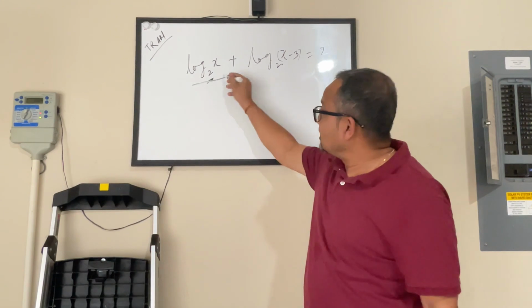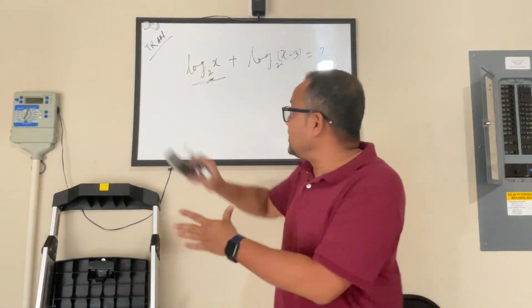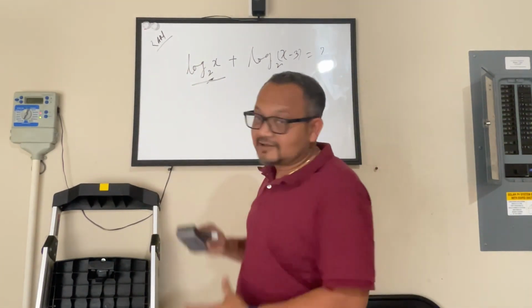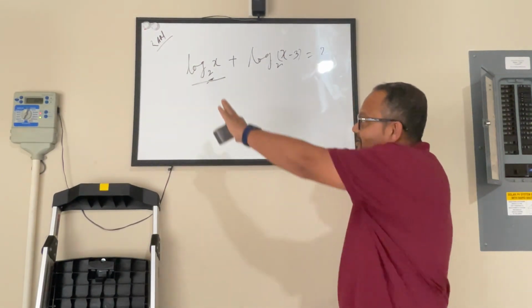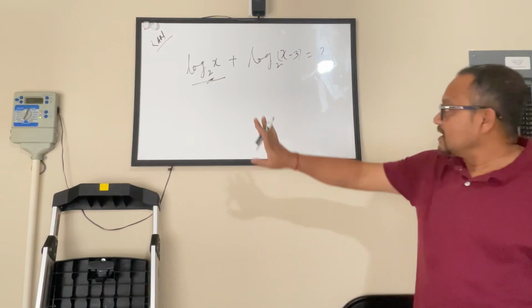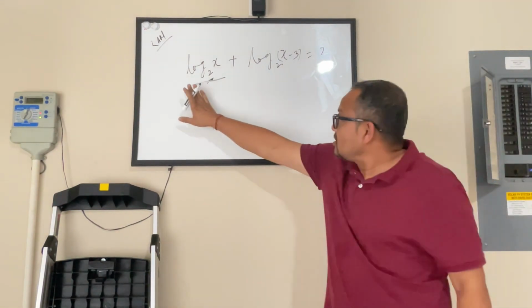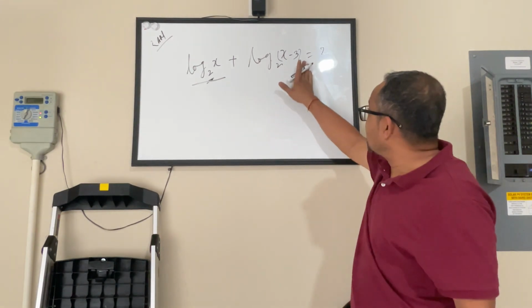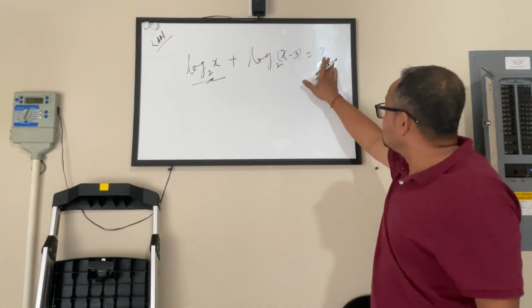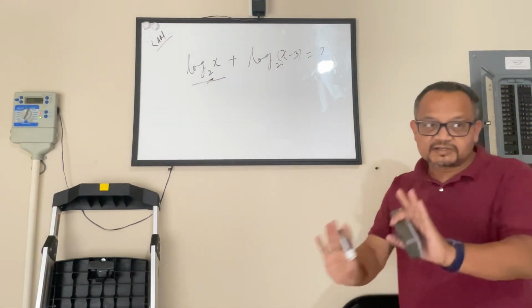Log 2, again the TRAN method. As long as you trust me as a teacher, you will trust yourself. Now we start with read. Log x base 2 plus log x minus 3 base 2 equals to 2. This is the first time reading.